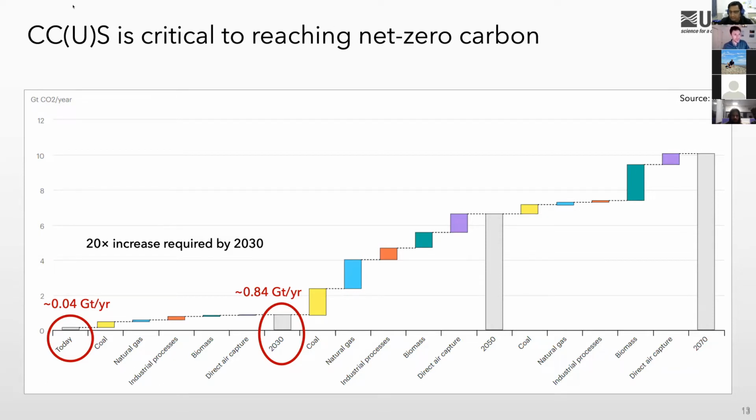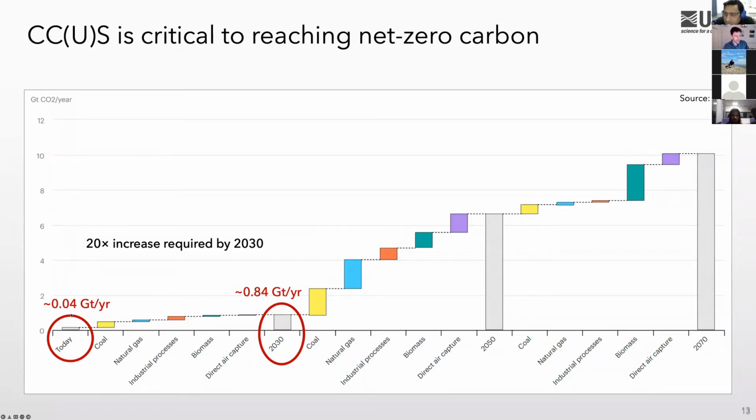One of which is carbon capture and storage, or carbon capture utilization and storage. And the other is geothermal energy development, which I'll talk about. The problem is that both of these are associated with induced seismicity. And another problem is that we have to drastically scale up our development of both of these technologies.